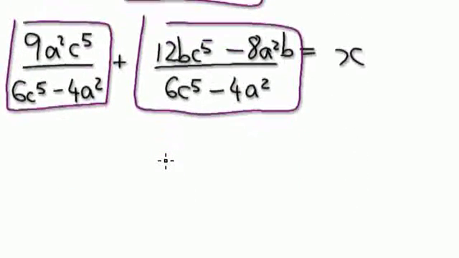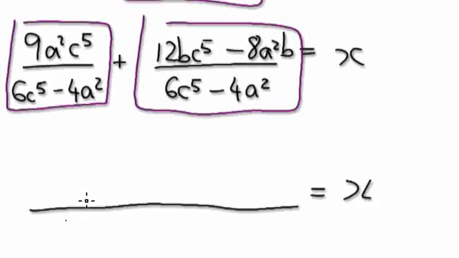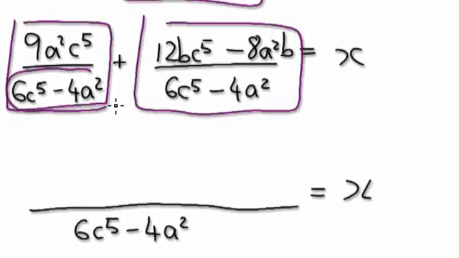And now the two denominators are the same. Can you see that? So we can merge the two now. So it will be 6c to the power 5 minus 4a squared. Can you see this is a bubble here?